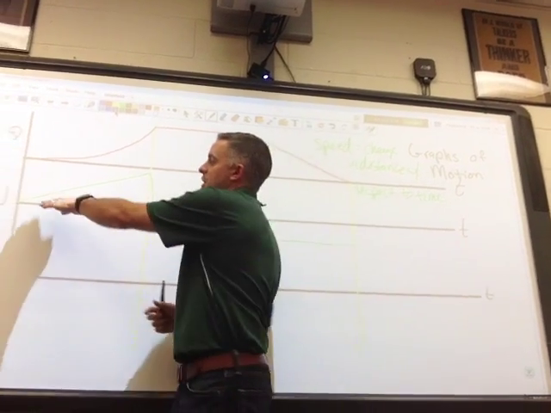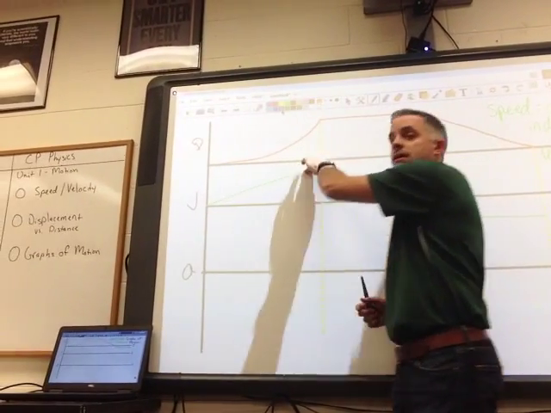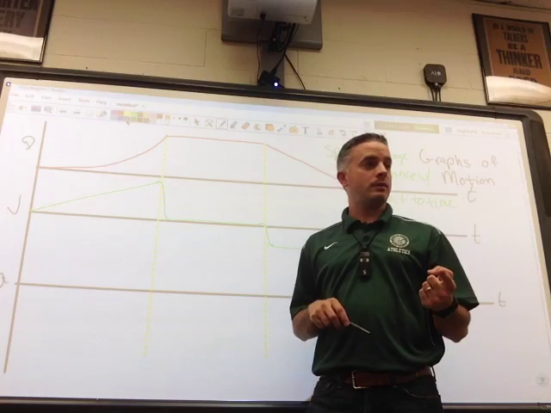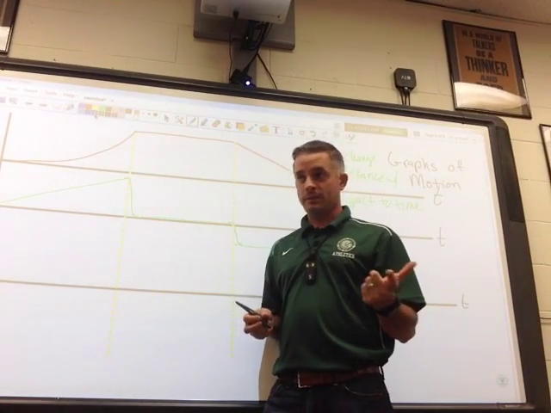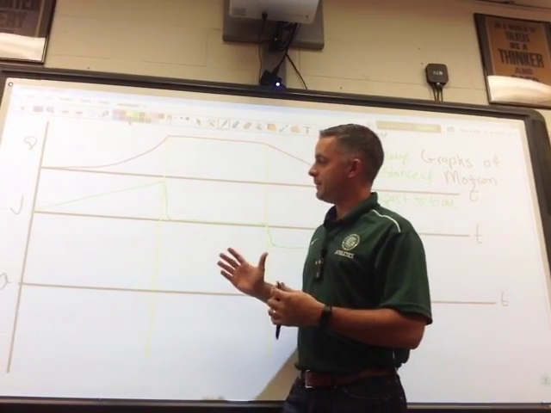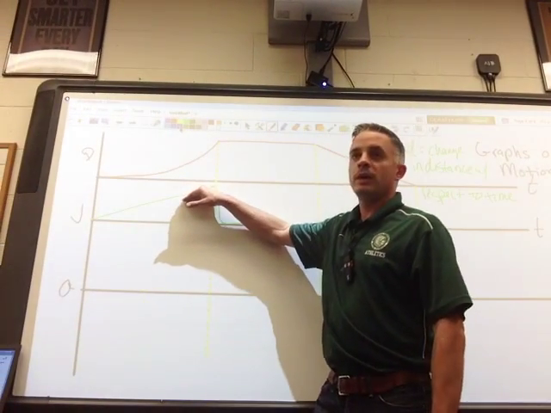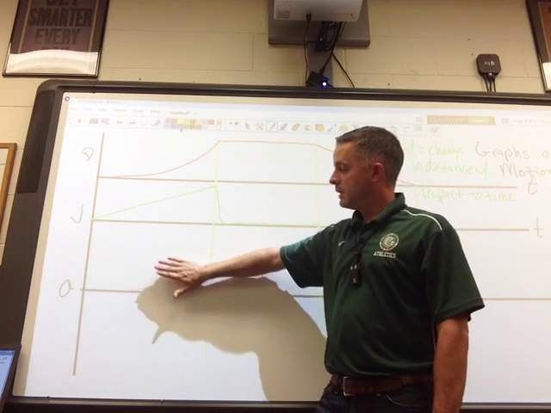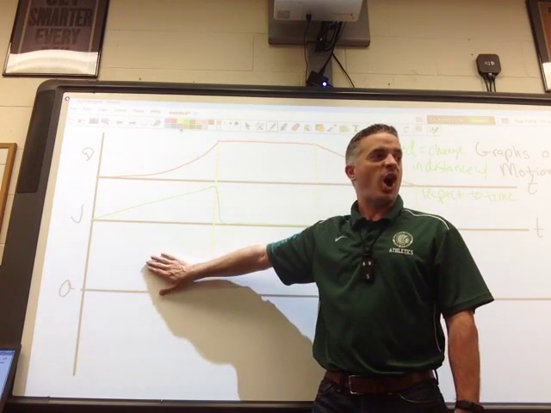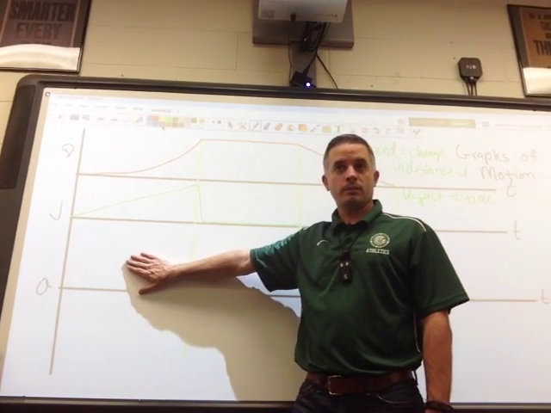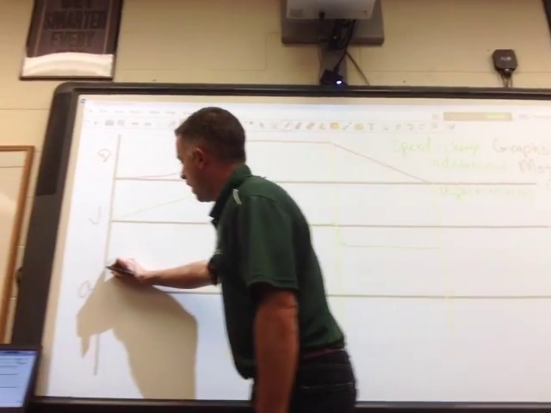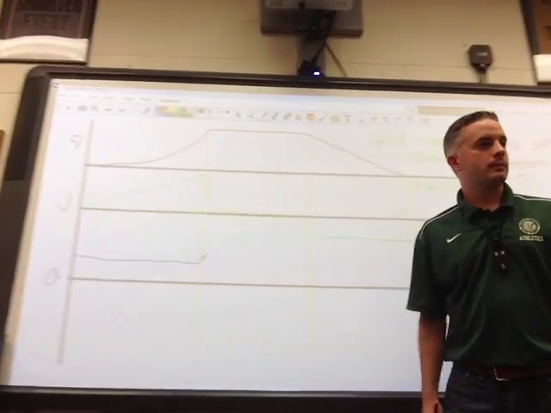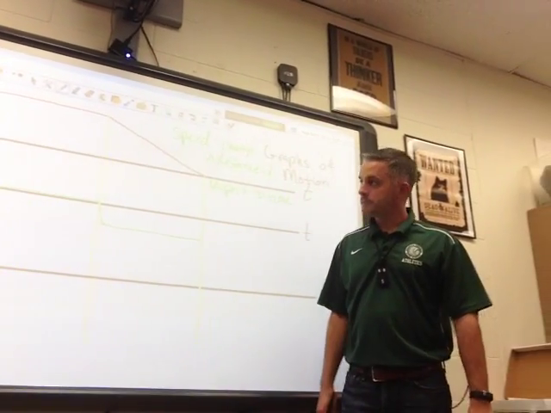So it's changing at a constant rate because it's a constant slope. Now, positive or negative? Positive. So I need to show, for acceleration, a constant value in the positive direction. So constant value, positive direction, would look something like that.